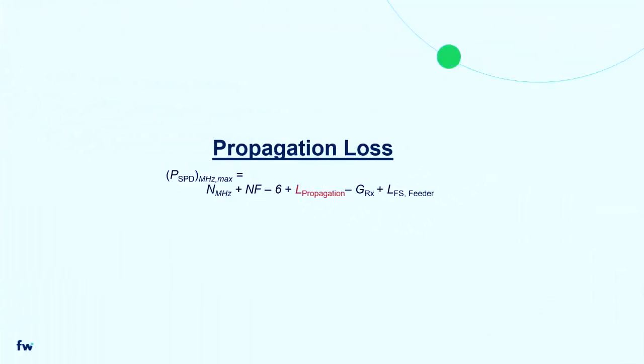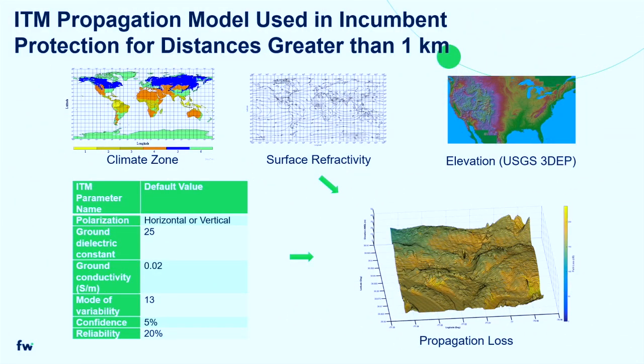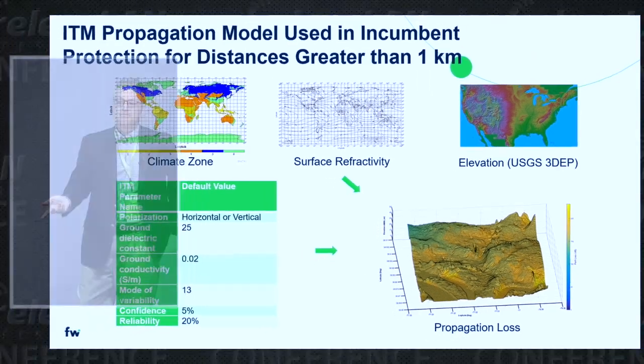Okay, so I wanted to go a little bit deeper into that propagation loss calculation that's needed to get the power spectrum density. For this, the FCC mandates that all AFCs use the irregular terrain model when the distance between the device and the incumbent is greater than 1 kilometer.